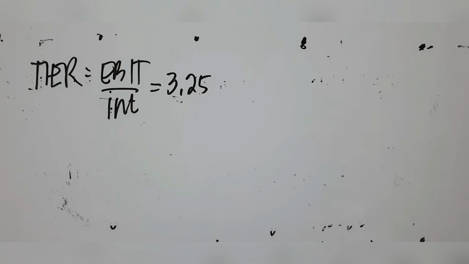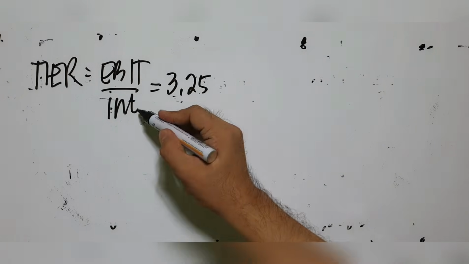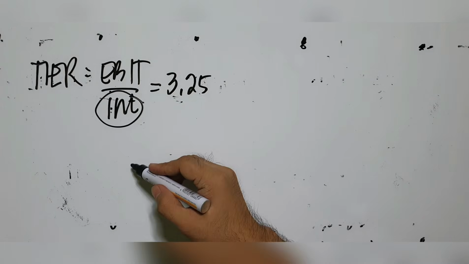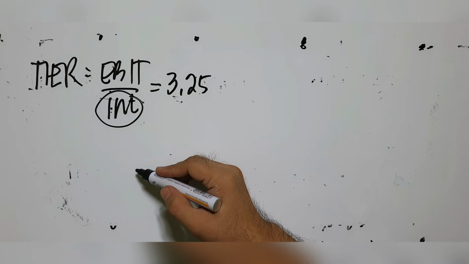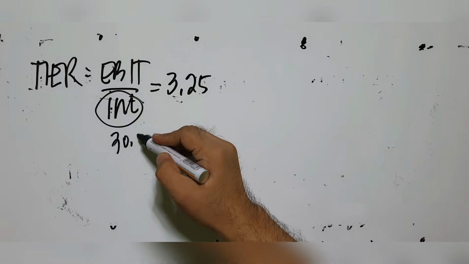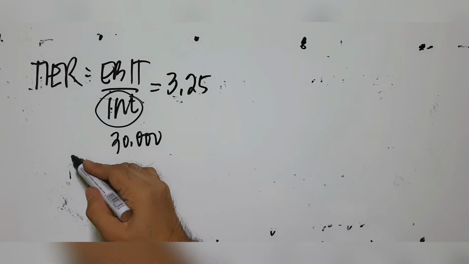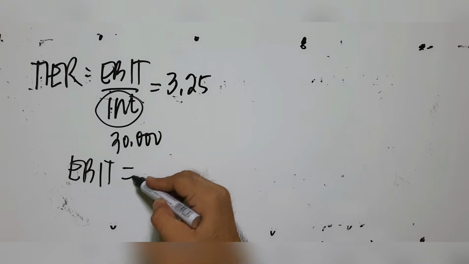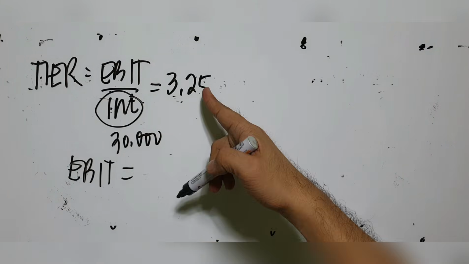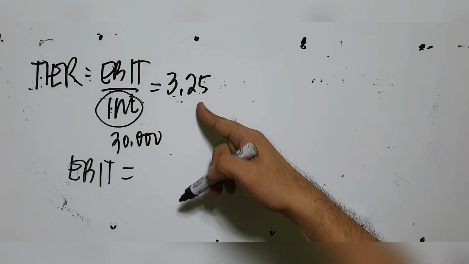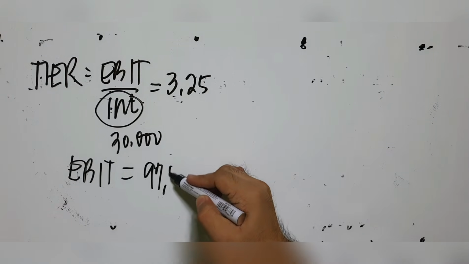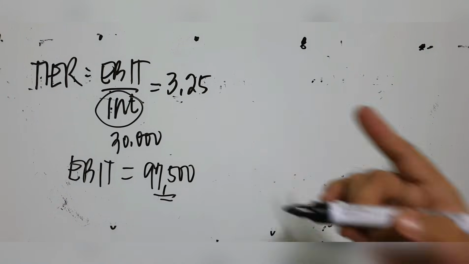And then it says here that the interest expense is magkano to? This is 30,000. Therefore, your EBIT is equal to 30,000 times 3.25, and that is 97,500. That is the EBIT.